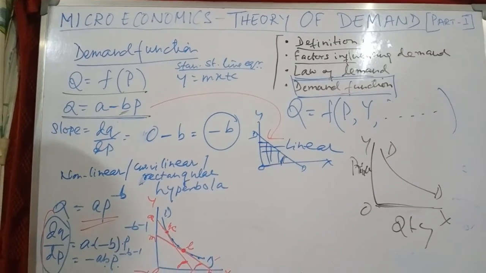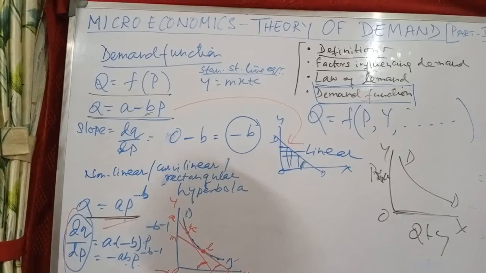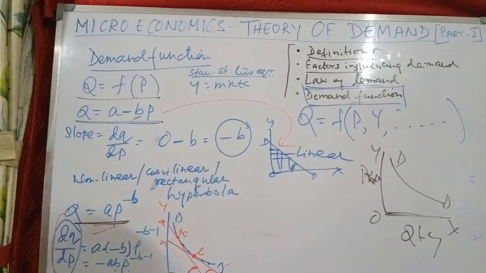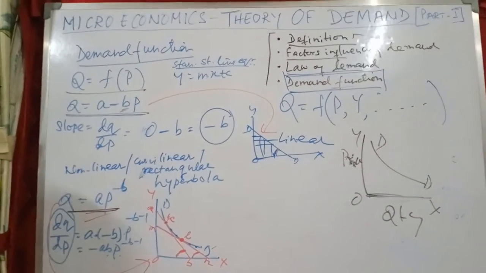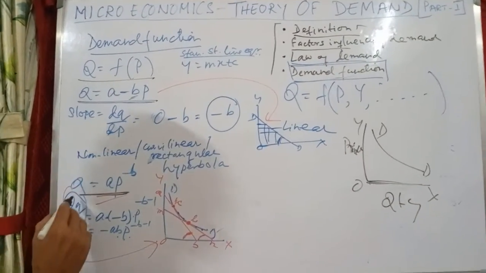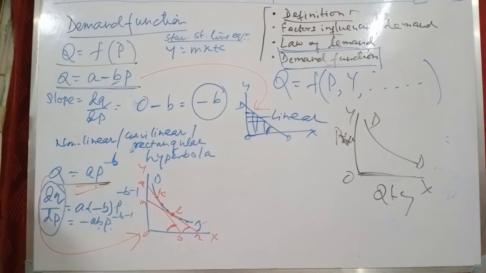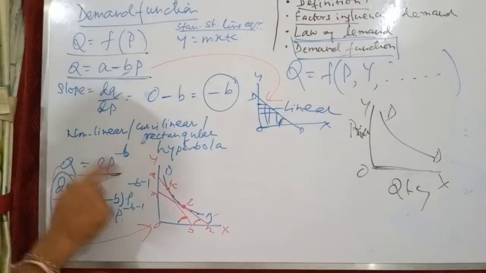And this is the demand function when the demand curve is non-linear or curvilinear, which takes the shape of a rectangular hyperbola, and the demand function becomes Q equals A P to the power minus B, where Q is the quantity demanded and P is the price.